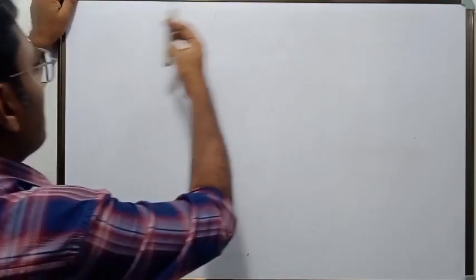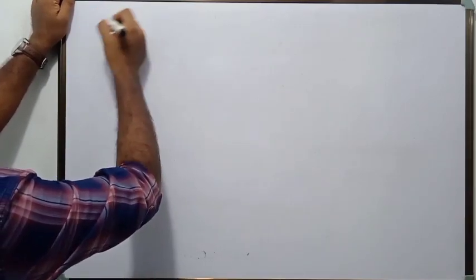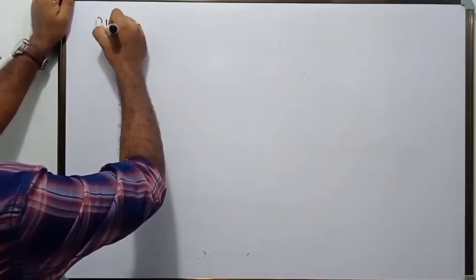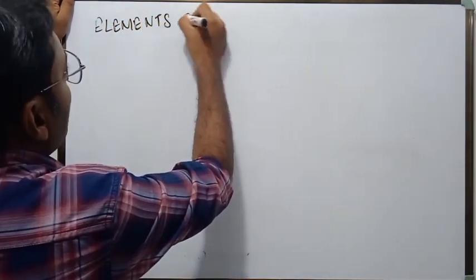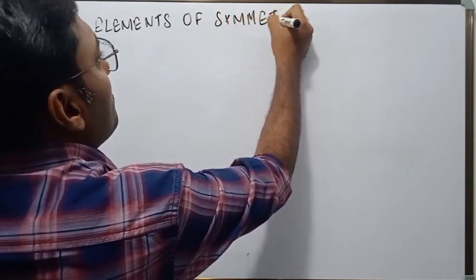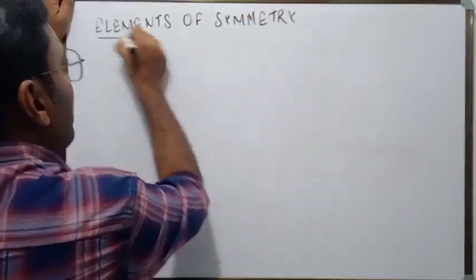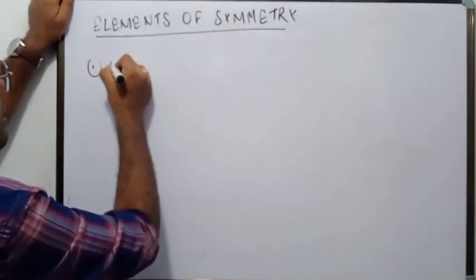Now let us see one more point. For a compound to be achiral, it should have at least one element of symmetry. It can have two, but at least one. What are the elements of symmetry? The first element of symmetry is the plane of symmetry.